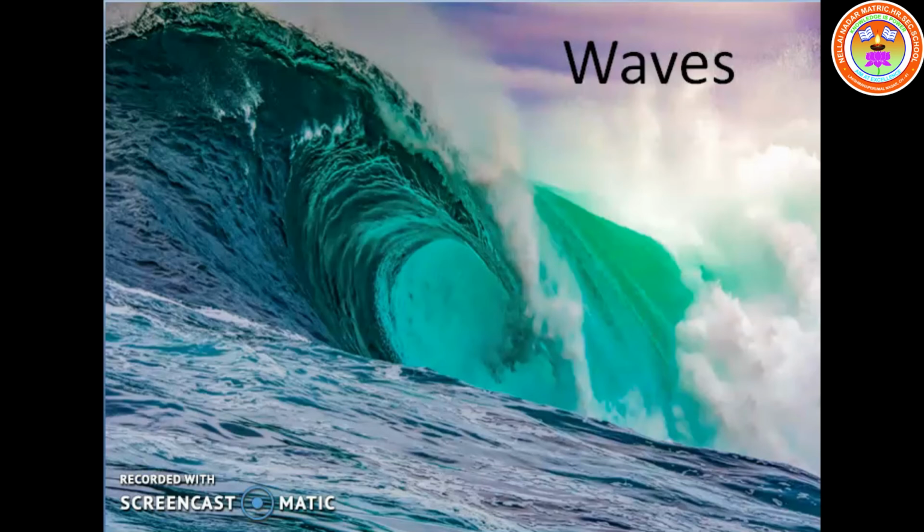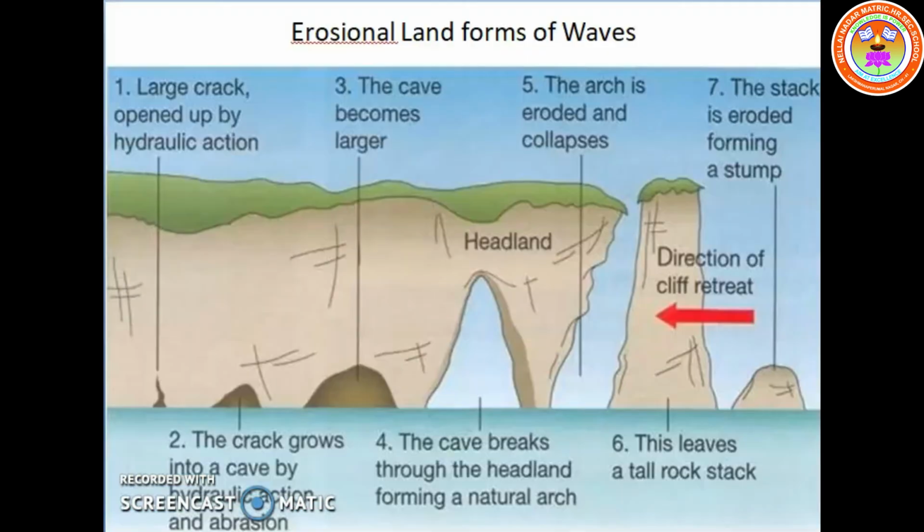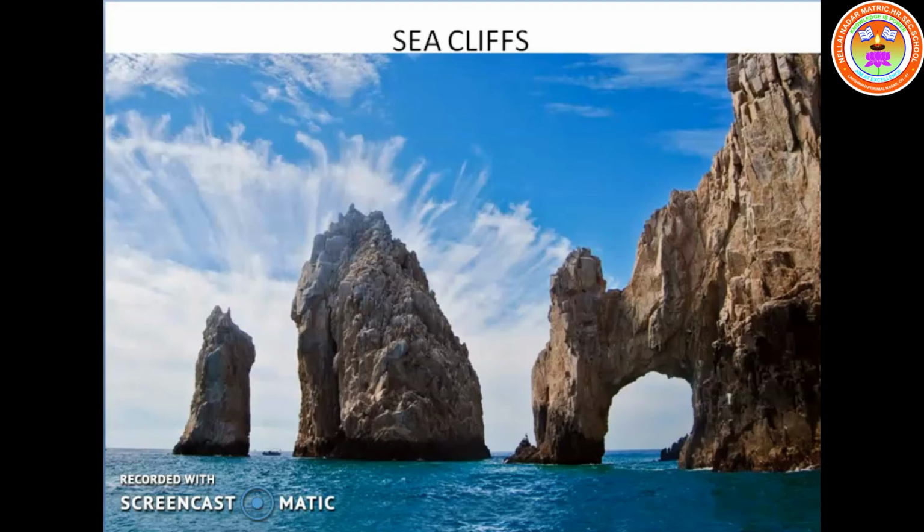Erosional landforms of waves. Some of the erosional landforms of sea waves are sea cliff, sea cave, arch, stack, and wave cut platform. First one, sea cliffs.